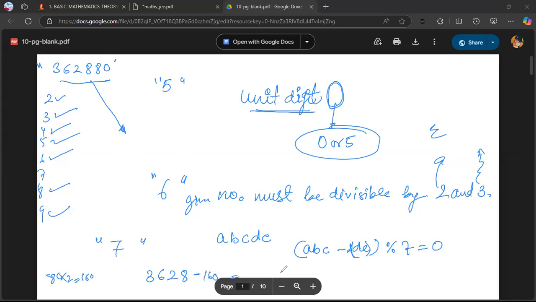Subtracting 160 from it, 8 and 12 minus 6, 6, and 35 minus 1, 34. No, I have made another mistake. We have to double only the last digit.